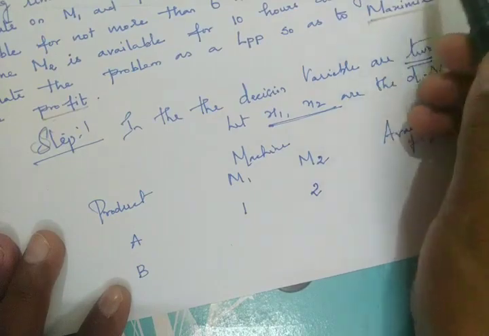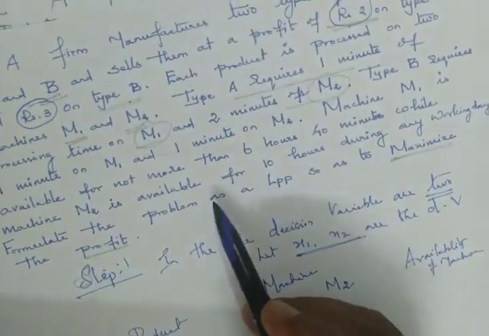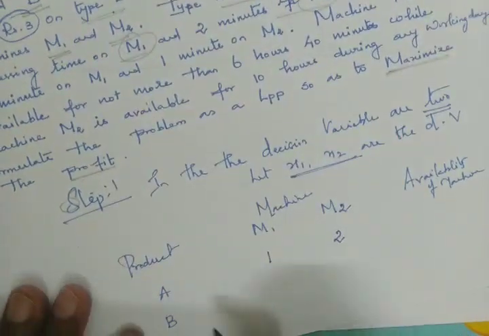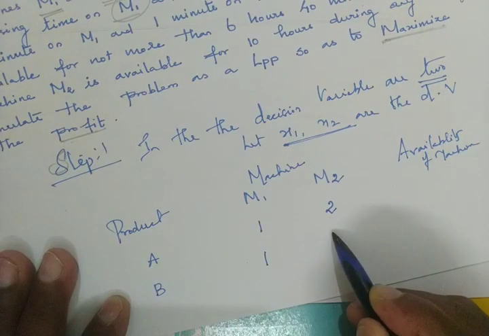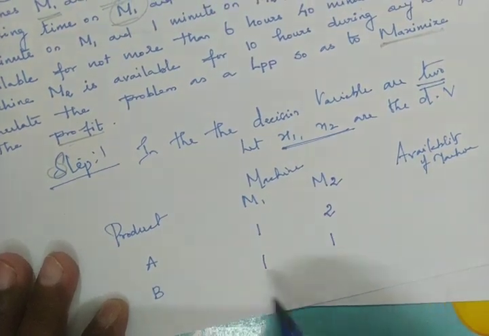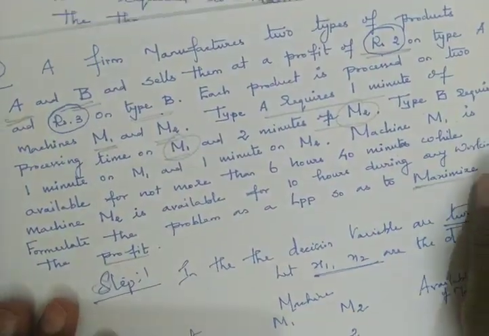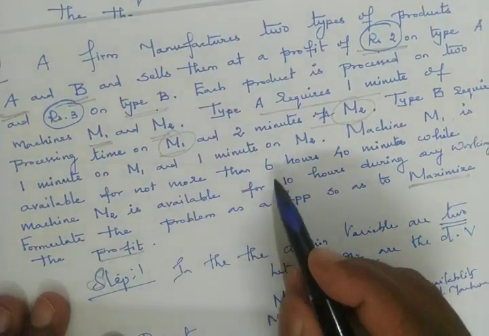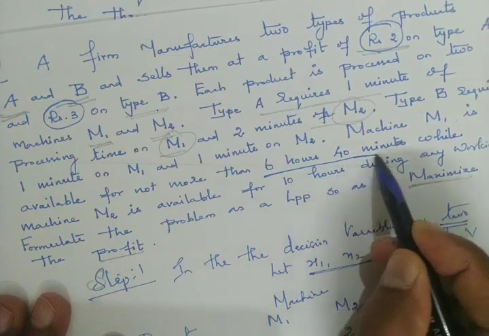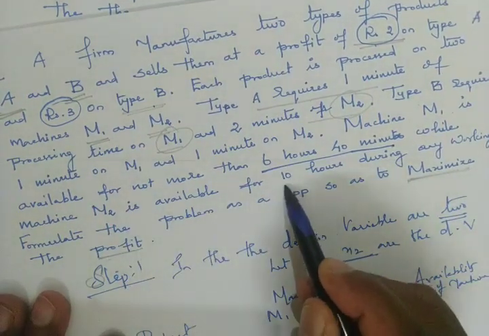Similarly, product B requires 1 minute on M1 and 1 minute on M2. Now the last column indicates the availability of machines. As given in the problem, machine M1 is available for not more than 6 hours 40 minutes and machine M2 is available for 10 hours.